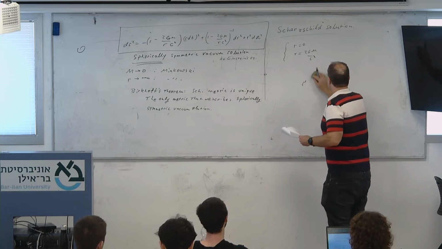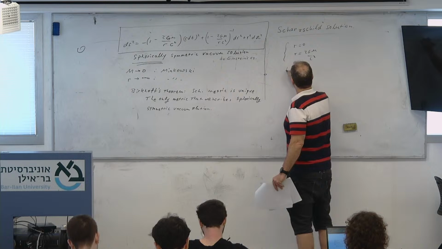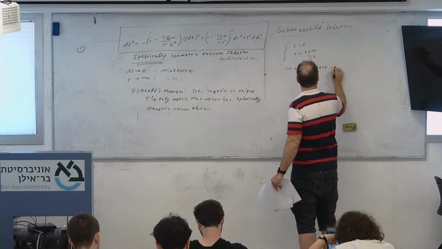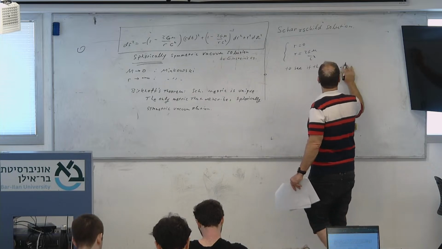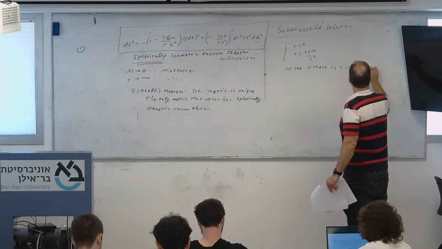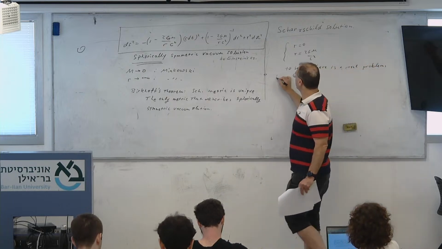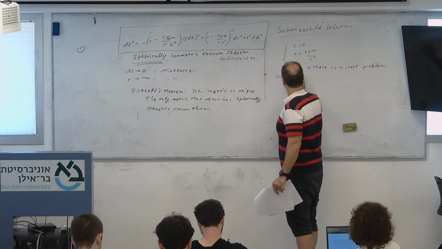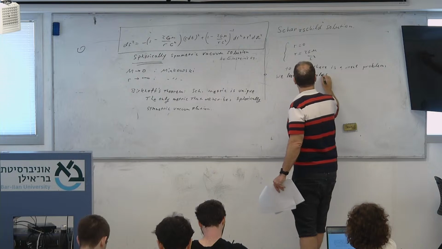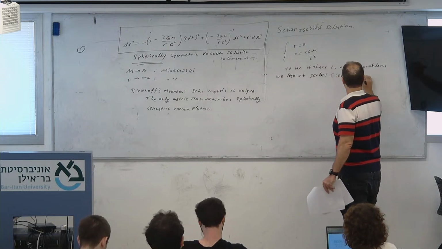So what we look for is another scalar. To see if there is a real problem, we look at scalars that are coordinate independent.